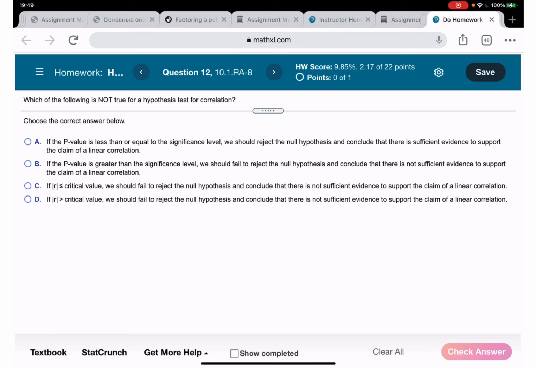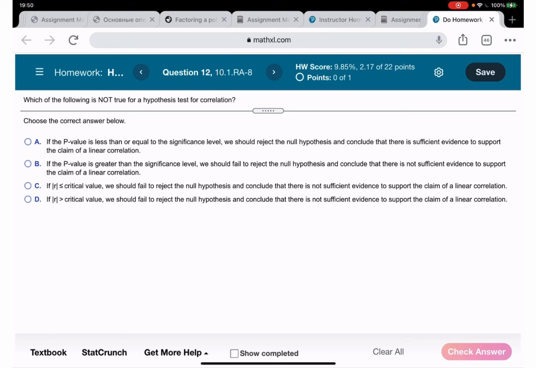If r is less than the critical value, we should fail to reject the null hypothesis and conclude that there is not sufficient evidence to support the claim. That is also true. Okay, I guess we have D left as not true.